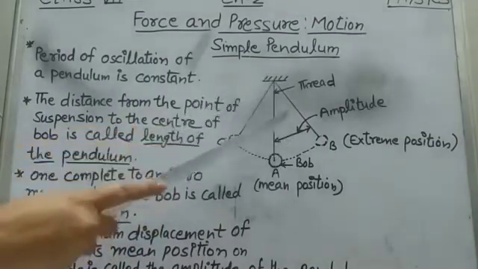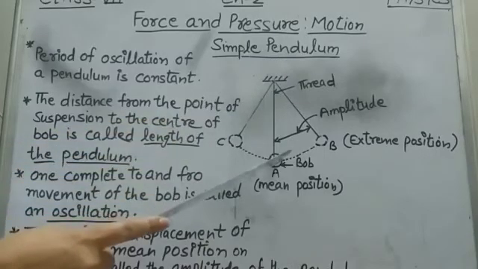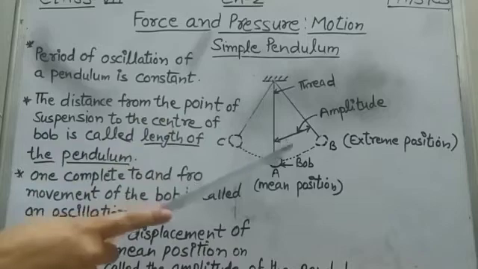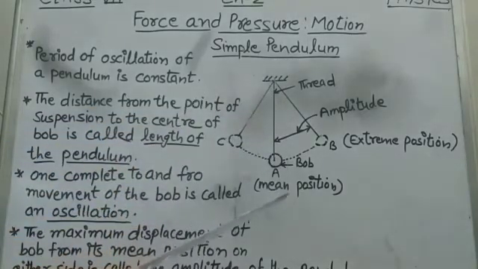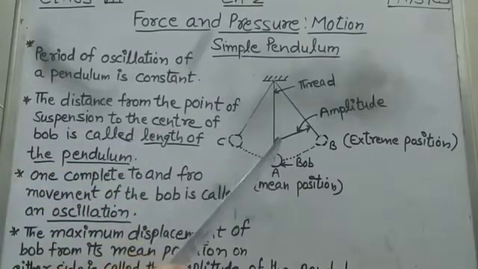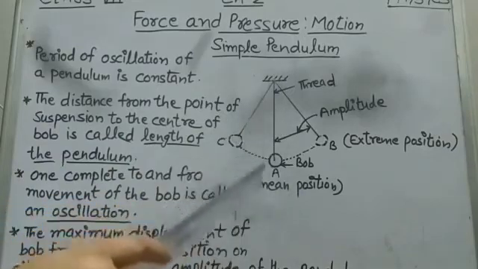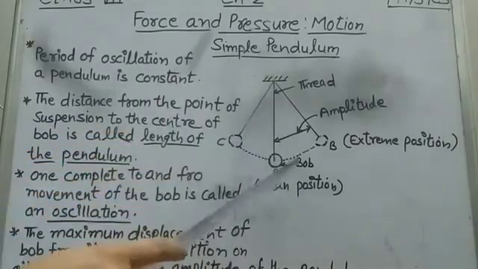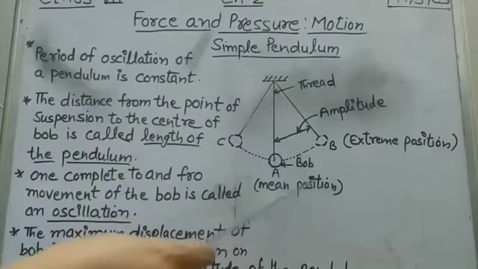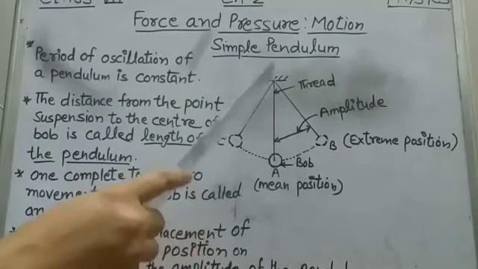This length, from the suspension point to the center point of the bob, is known as the length of the pendulum. Now, the second one is, when a pendulum is not moving, it is said to be at rest. This position of rest is also known as the mean position or equilibrium position of the pendulum.